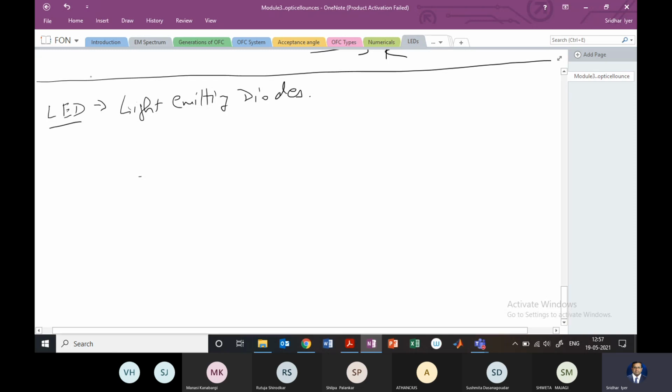So what is it that we require from the LEDs? What is the requirement from an LED? The first requirement is its radiance, that is whatever it radiates. So we call it radiance output, and we require it to be very, very high.